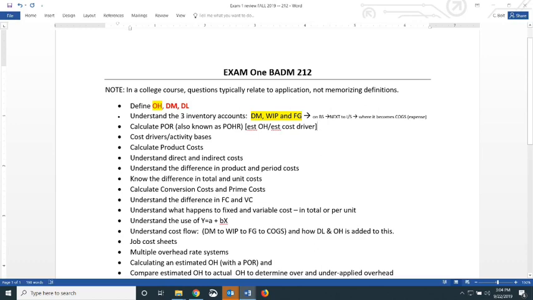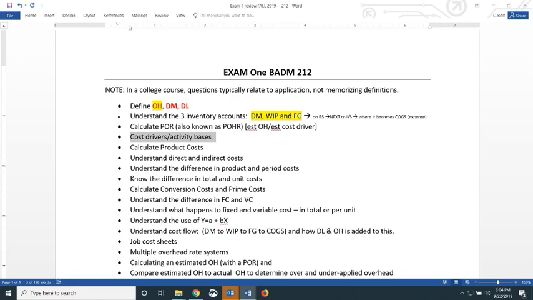So what is this estimated cost driver? If you look in the next, we've got that a cost driver is also an activity base. And this is what we have determined, we being the company. What the company has decided drives costs. So if they feel like the more products they make, the more costs go up, good. But you may have something like a truck, and you would find that overhead is going to be allocated based on the number of miles that truck drives.